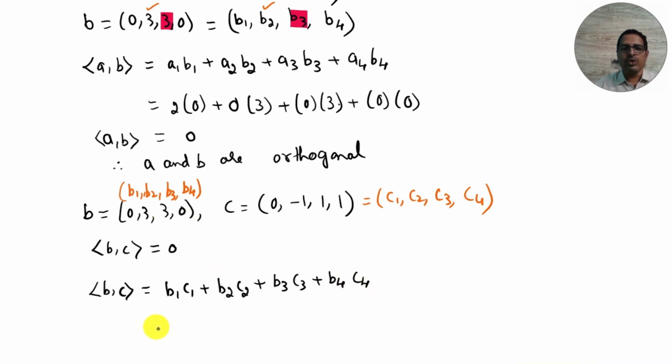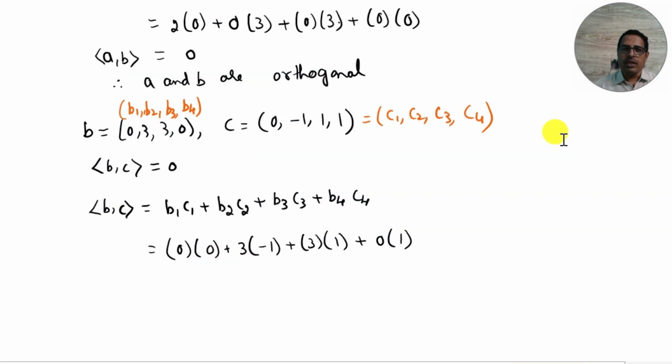Since all the values are known, we need to just plug in. B1 value is 0, C1 value is also 0, plus B2 value is 3, C2 value is minus 1, plus B3 value is 3, C3 value is 1, plus B4 value is 0, C4 value is 1. Now let us multiply.